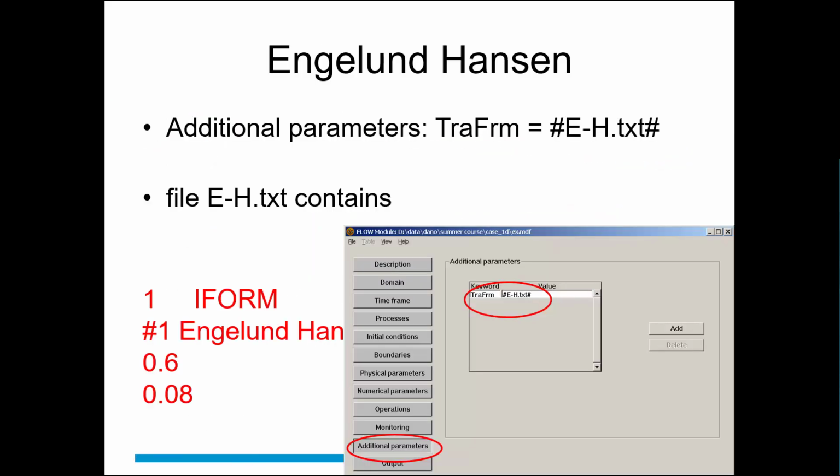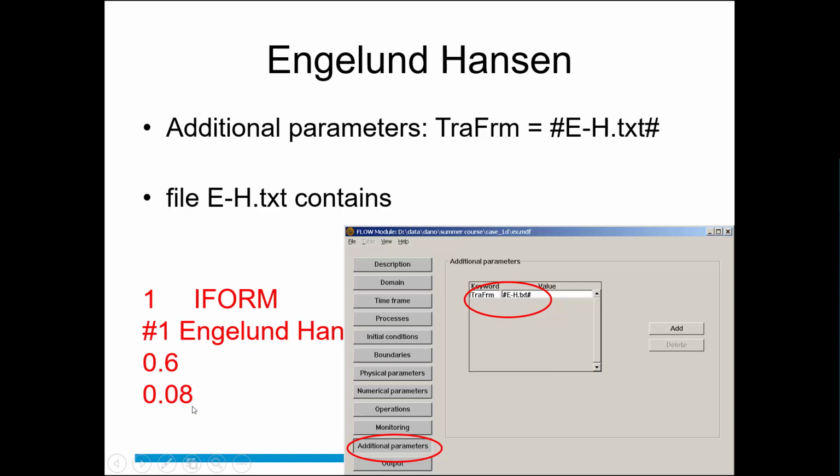That file looks like this. So first, in the additional parameter, we need to use the keyword TRAFRM, which is transport formulation, and put the name of the text file that has the parameters of our new transport formulation. Yeah. And what is in this text file, for the case of Engelund and Hansen, is written here.